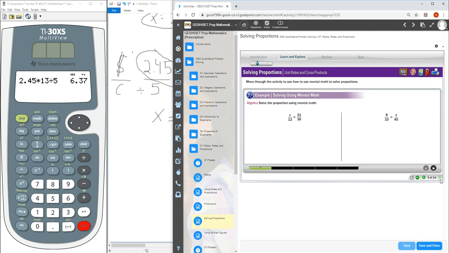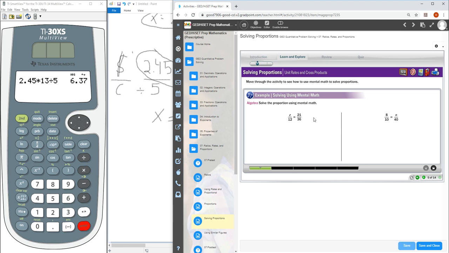Okay, so they're telling us to use mental math here, which could be appropriate for a GED or TASC student. In our case, working with a HiSET, as we do in Stratford, we would be defaulting to calculator. But certainly mental math, doing math by hand, doing math on the calculator, it always works the same way.